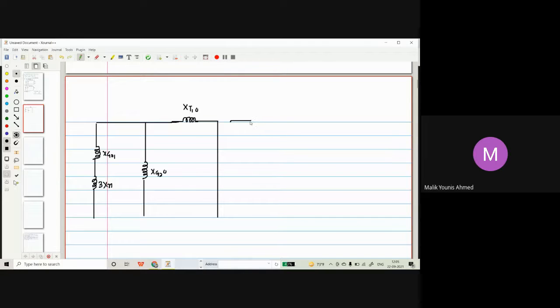The series switch will again be kept open like this. Okay, this is fine for us. We are talking about the transformer T2.